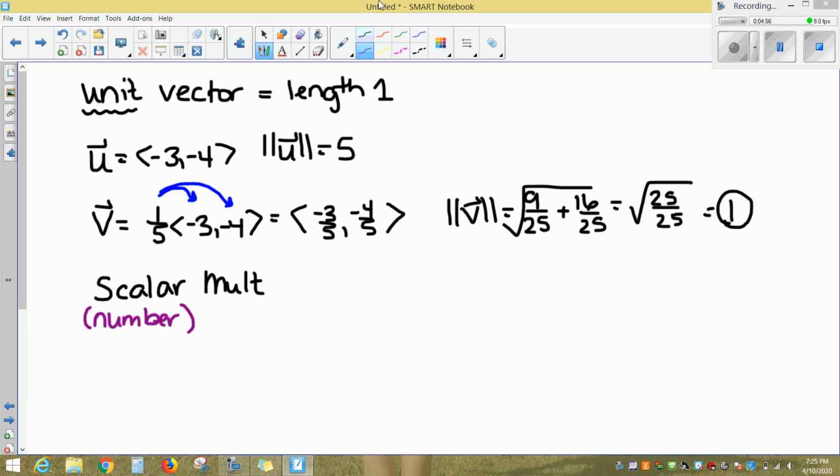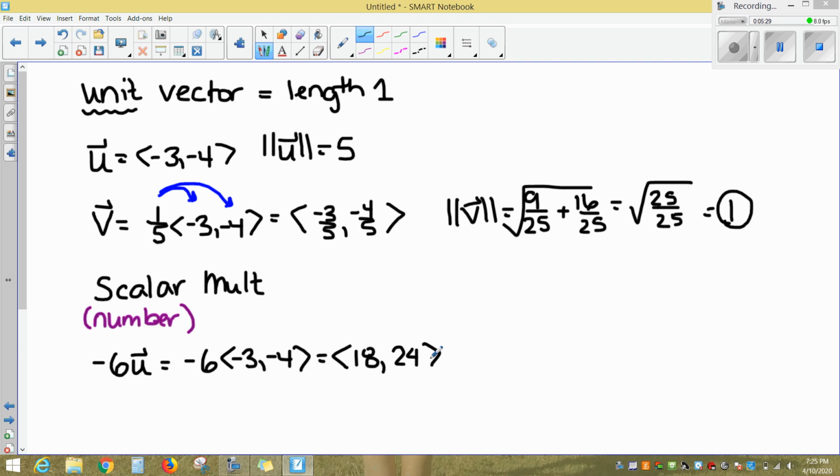Up above, I have my vector u as -3, -4. Maybe someone says, I need -6 times u. If we take -6 times -3, -4, we just do what our intuition would tell us: multiply -6 times the x component and -6 times the y component.